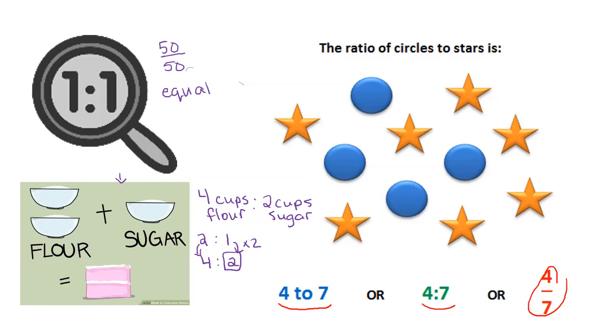All right, so these are all part to part because there are 7 stars. So this is circles, and this is stars. Okay, so this is an example of part to part. If we were going to ask, what is the ratio of circles to all the shapes, then that would be part to whole. Okay, let's go to the next slide.